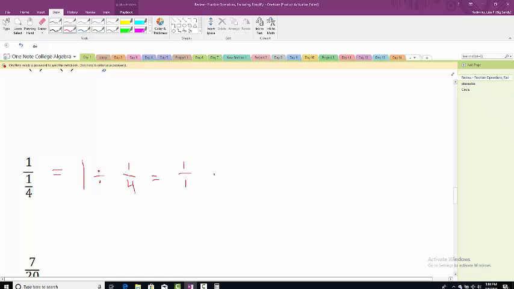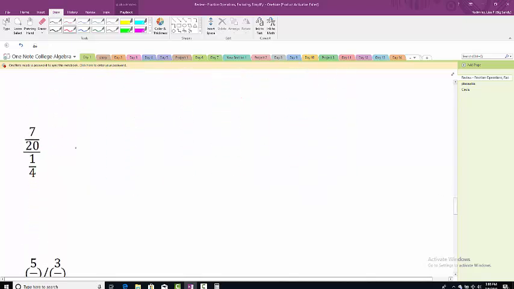We change it to multiplication, and we flip the second fraction so that 1/4 becomes 4 over 1. And then we're back to our multiplication rules, which is that we multiply the top, multiply the bottom. And 4 over 1 is the same as saying 4. So very simple.